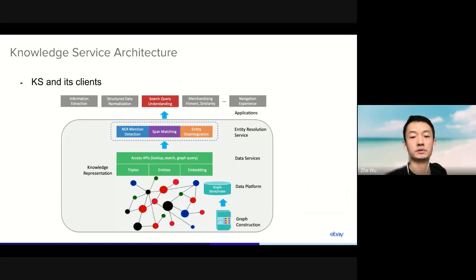We expose lookup APIs, SPARQL query APIs and search APIs. These APIs are able to identify a span, a sequence of tokens, and the output can support a wide range of applications. Search query understanding is one of them. So this is the high-level architecture of the knowledge service.